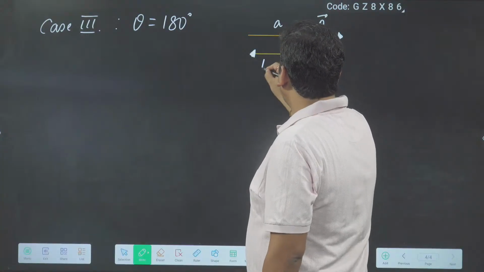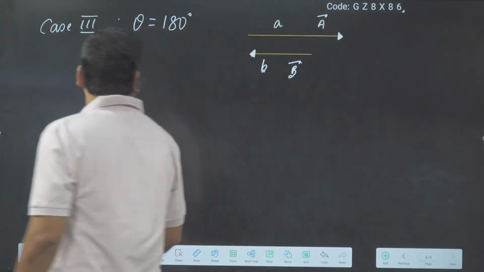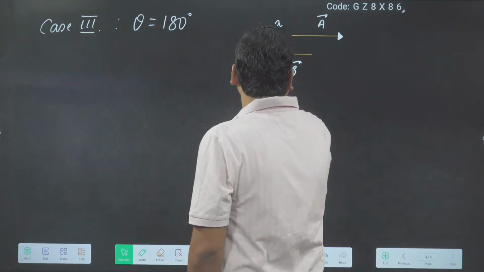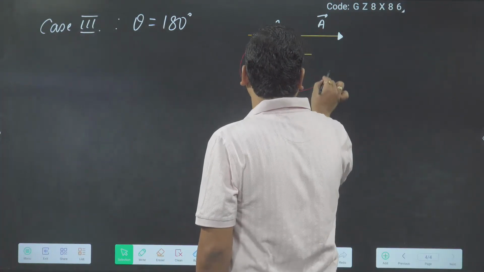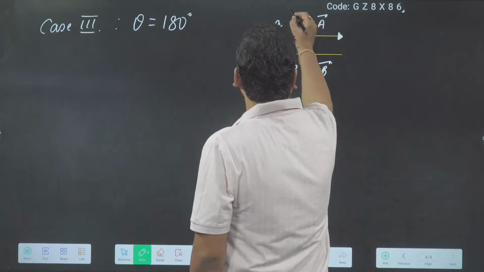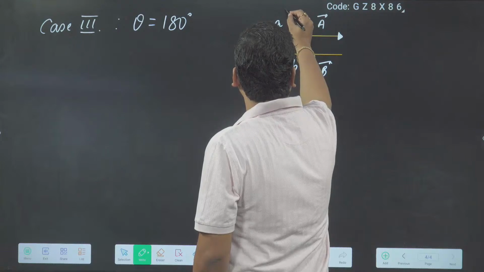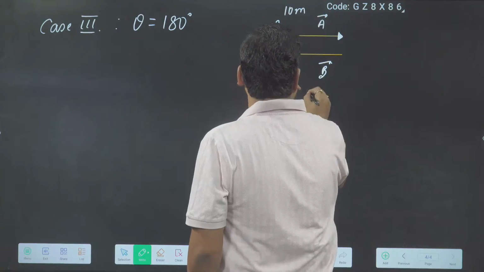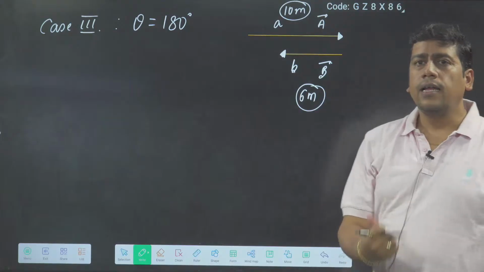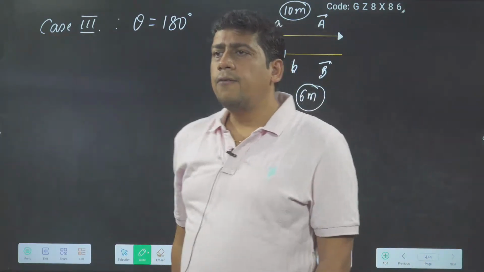One has magnitude A and this one is B. Now if I ask you the same question: a body went 10 meter right side, then 6 meter left side, find the displacement.